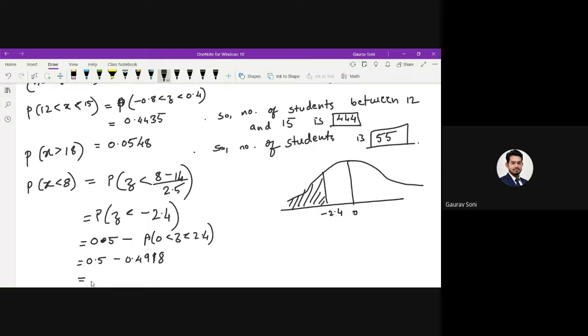So that is, yes sir, 0.0082. So nearly 8 students. Number of students approximately equal to 8. Fine.